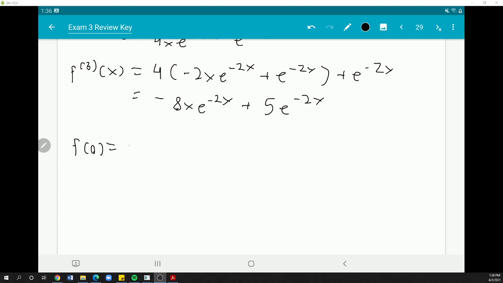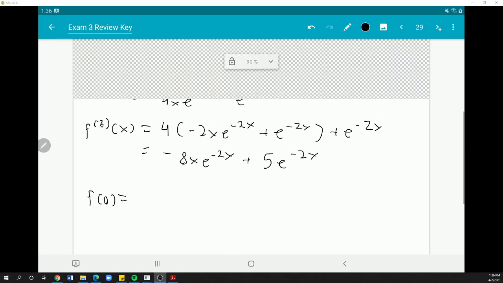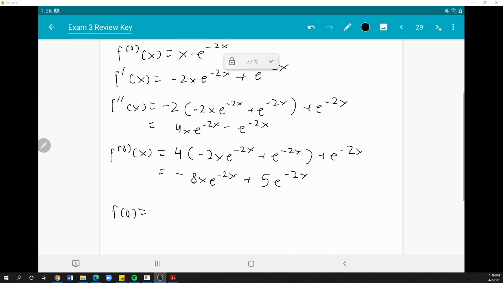So f of 0 is just equal to 0. F prime at 0 is equal to e to the minus 0, or in other words, 1. F double prime at 0, this part goes to 0 because of the x, so again it's minus e to the 0.